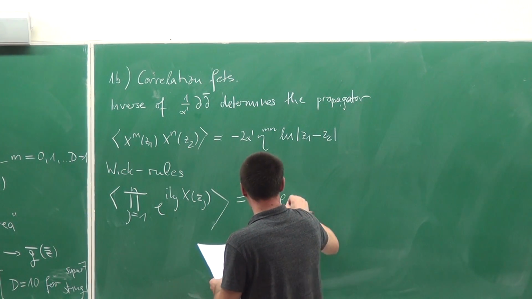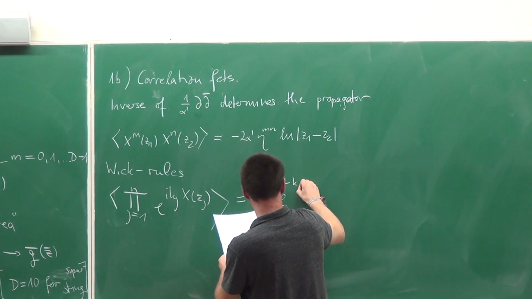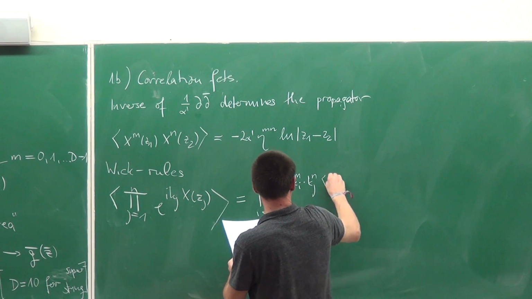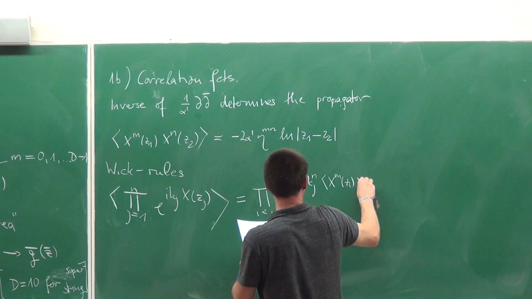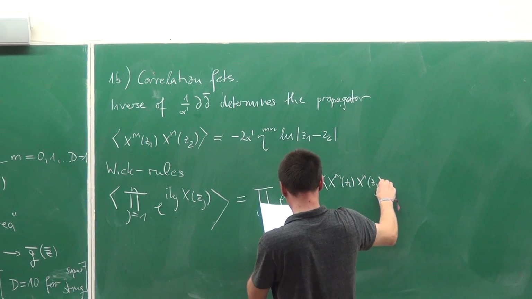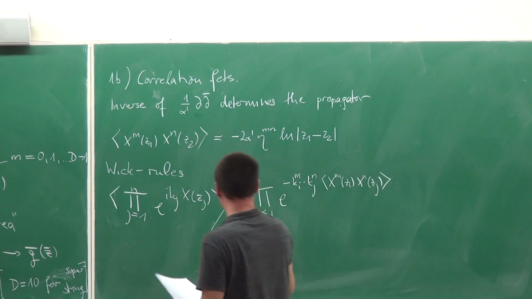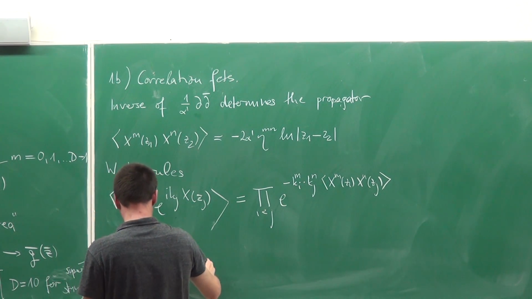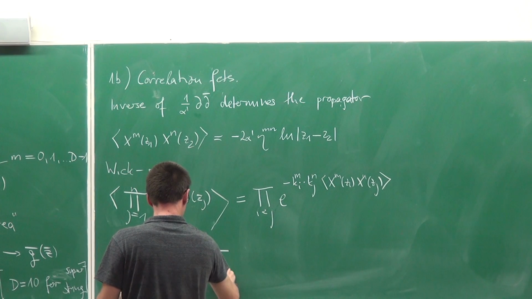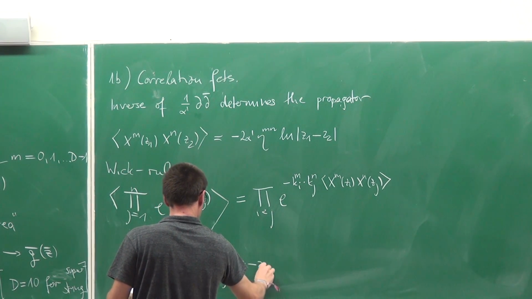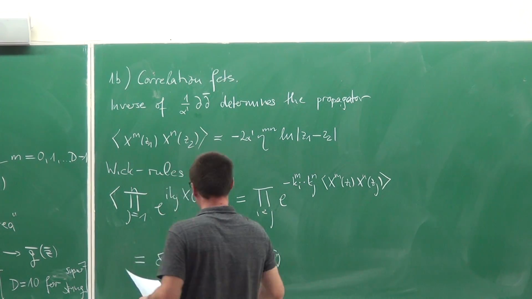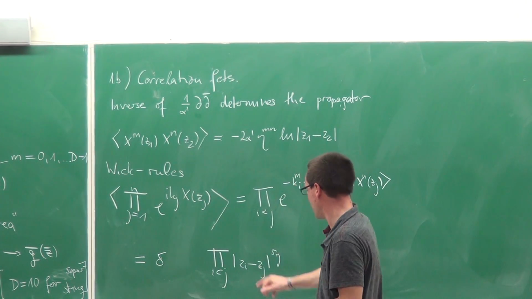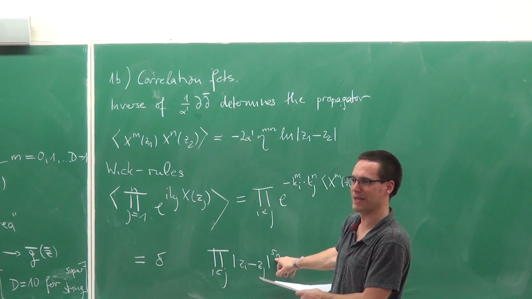You can pull all the contractions into the exponent. And as a result, you get all the differences of the insertion points weighted to the power of a dimensionless Mandelstam pair.